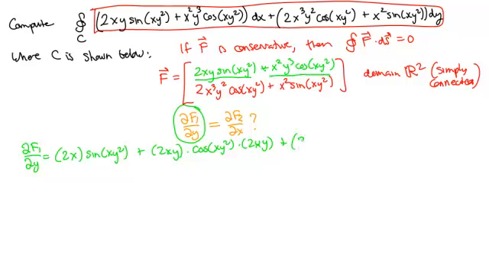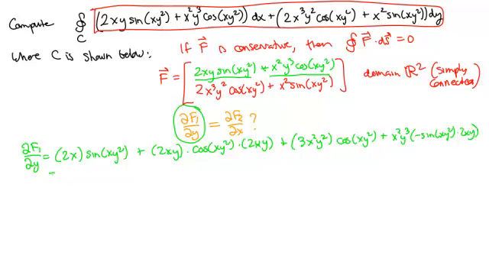The derivative of the first will be 3x squared y squared times the cosine of xy squared, plus x squared y cubed times the derivative of that expression, which will be negative sine of xy squared, times the derivative of the inside, which is 2xy.